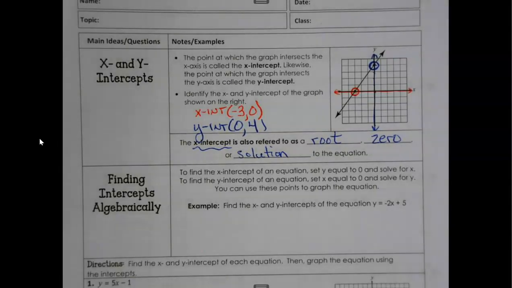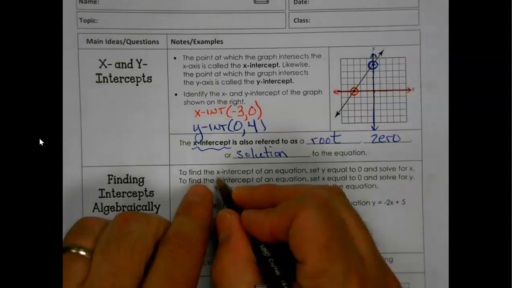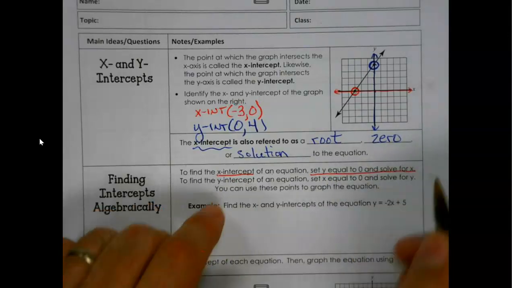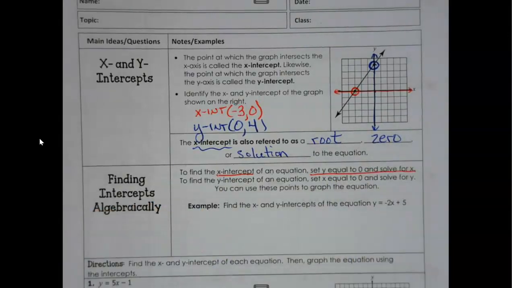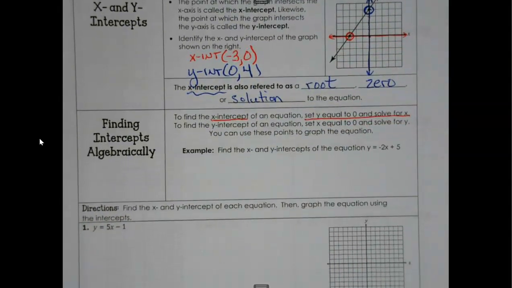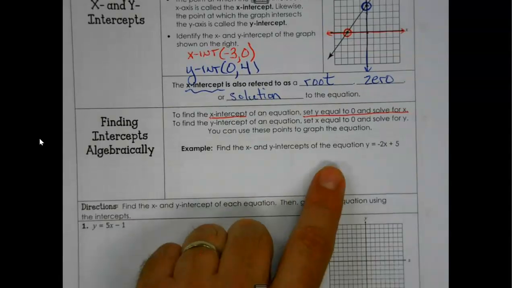So we like that there's going to be an easier part to this because we got enough work to do most of the time. So to find our intercepts, and this is the last thing we're going to do today, to find the x-intercept, you set y equal to 0 and you solve for x. So instead of me yibbering and yibbering, let's actually do this in the example here.